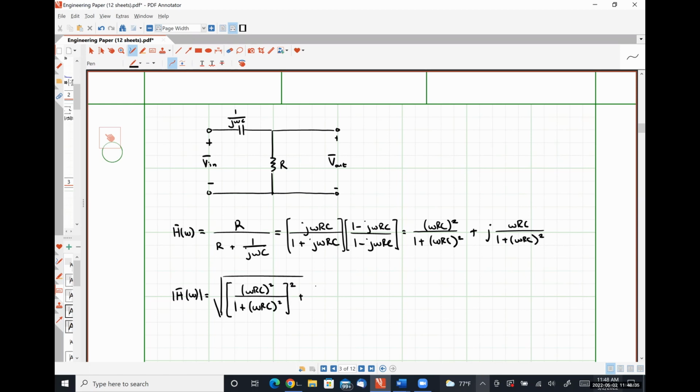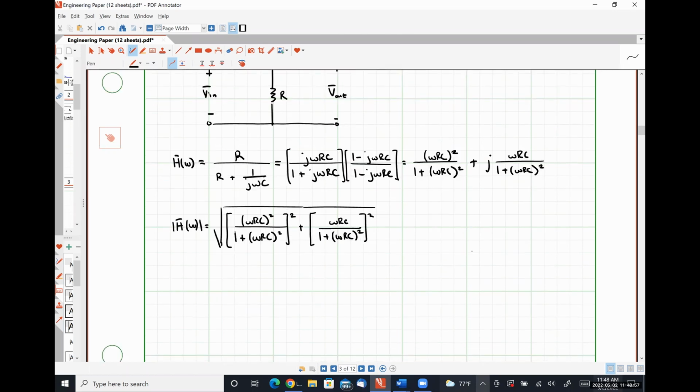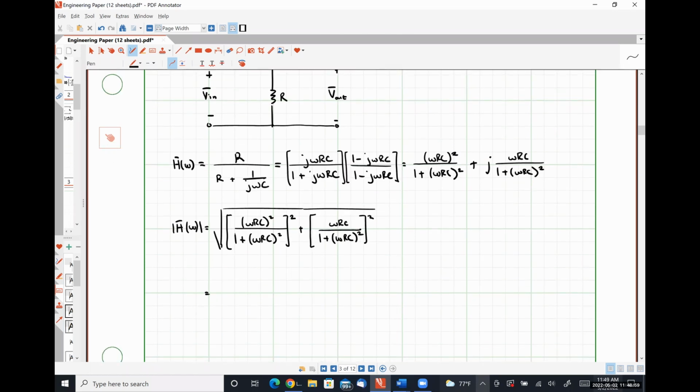Square this whole thing. So that's my real part squared, my imaginary part squared. I have omega RC over 1 plus omega RC squared. Square this thing.